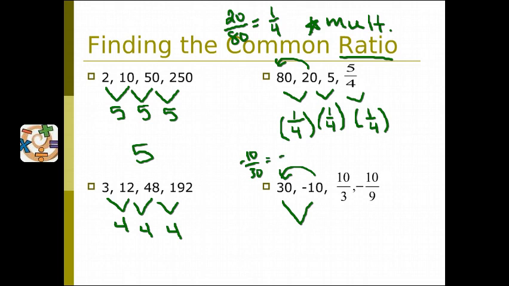So the number that we're multiplying by is -1/3. To get from -10 to 10/3, you're also multiplying by -1/3. From 10/3 to -10/9, you're again multiplying by -1/3.